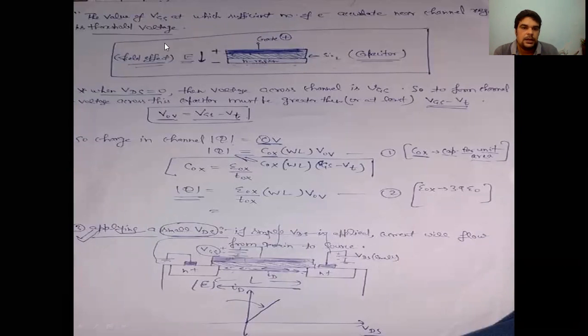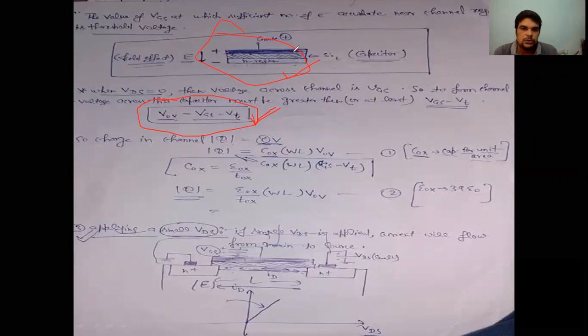Okay. Now we define a term known as overdrive voltage. Overdrive voltage is nothing but VGS minus VT. This is basically the effective voltage that is responsible for the charge accumulated in the MOS capacitor. As you can see here, this is the capacitor that is formed, which we have already discussed, the MOS capacitor.